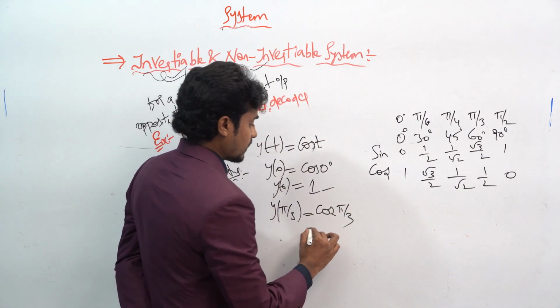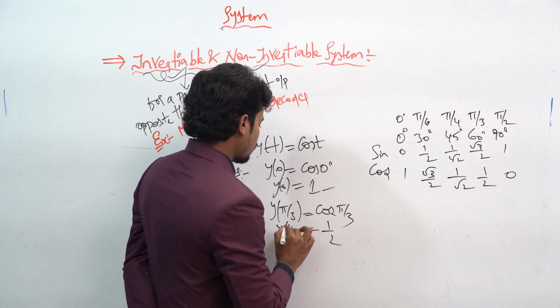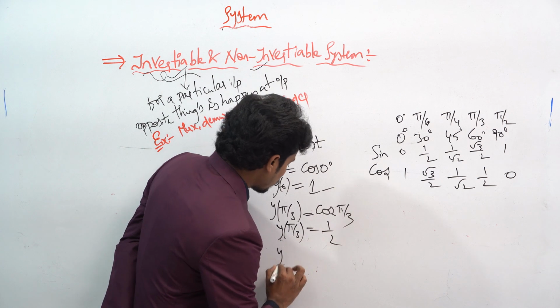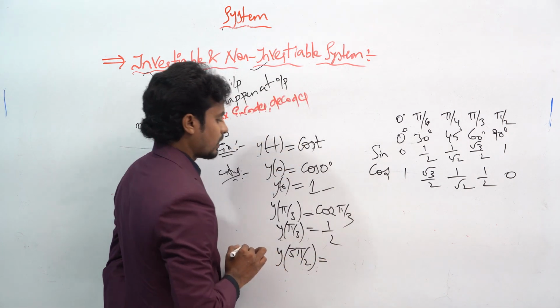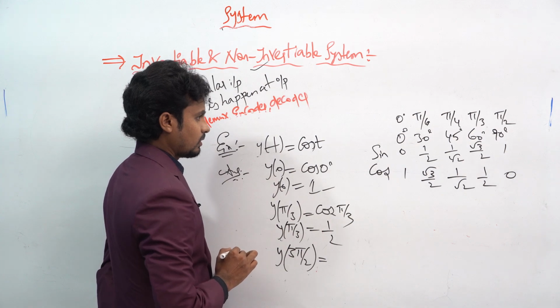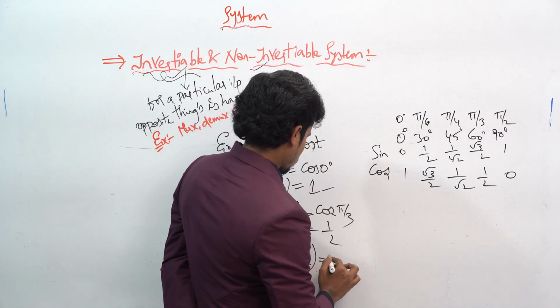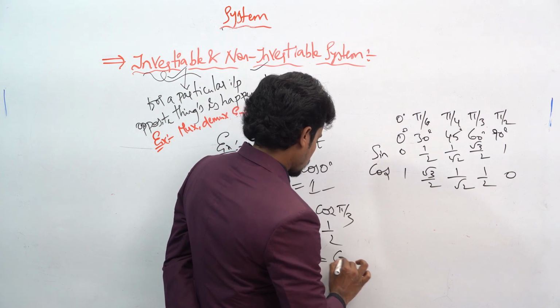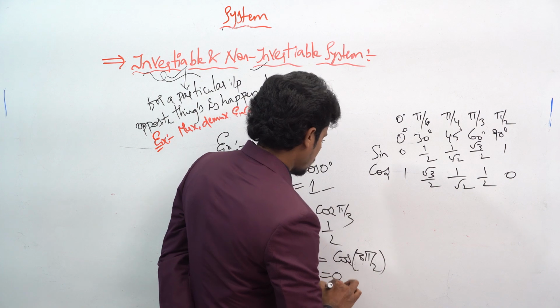You will get 1 divided by 2. So this is y of pi divided by 3. If I want to write 3 pi divided by 2, cos of 3 pi divided by 2 will be 0.